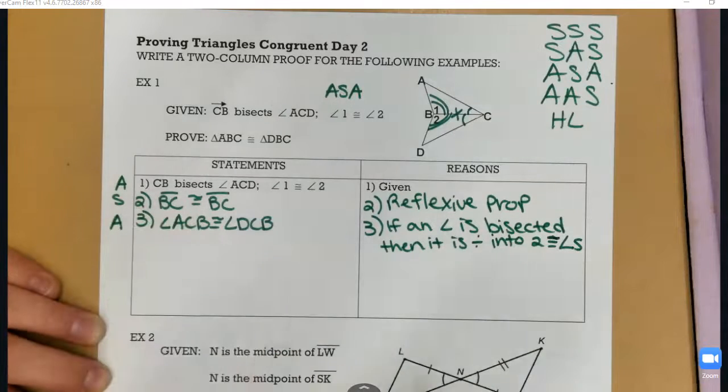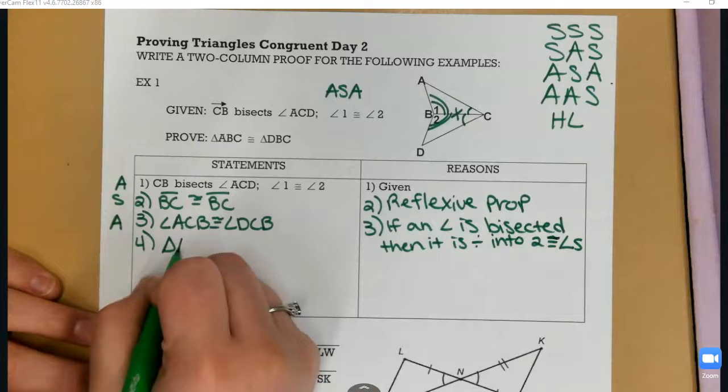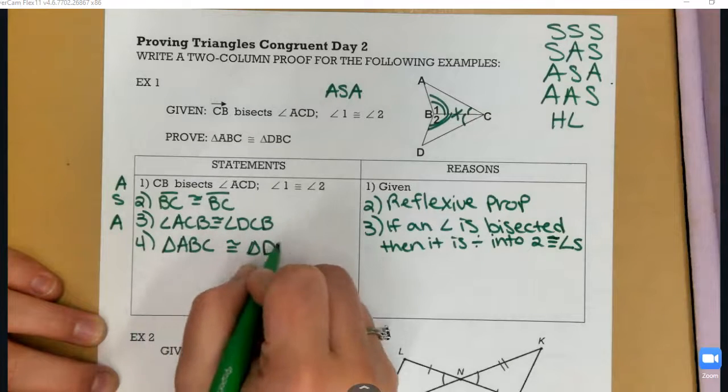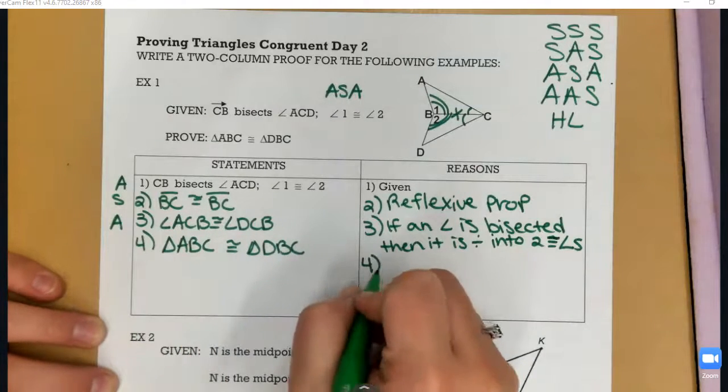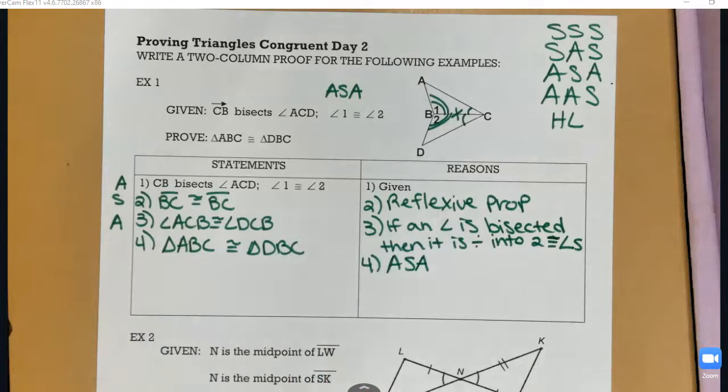So there's my other angle. So I've now shown ASA, which means I can prove triangle ABC is congruent to triangle DBC, and that was done by angle, side, angle. And that is it for my proof.